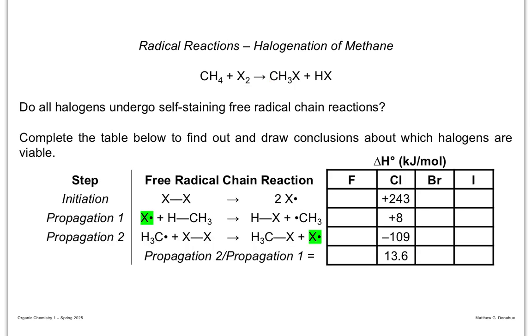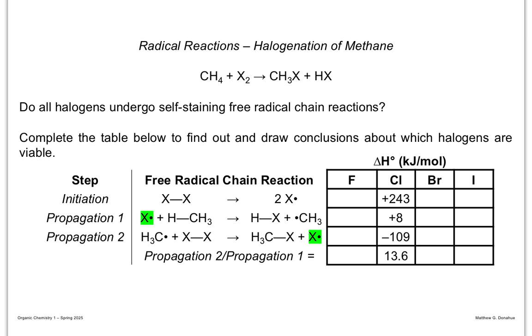So in this slide, what it's doing is just summarizing the different halogens. So F2, Cl2, Br2, and I2. We've run through this scenario with chlorine. And then we can use the table to fill in these other values.